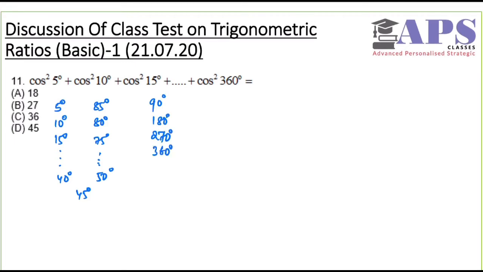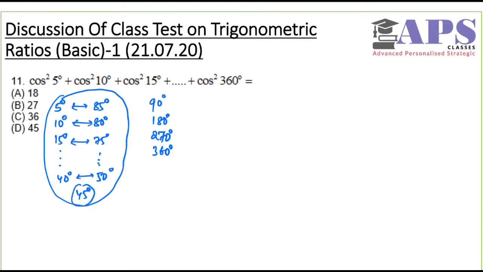These are the 4 multiples, and if I leave them, there will be this type of groups in which we will have 8 pairs in total, and one single term like 45. Okay, cos 90 is 0, so this will give us 0, this will give us 1, this will give us 0, this will give us 1. So for those terms we will get 2 if I add, and if I pair them I will get 8 from each group.